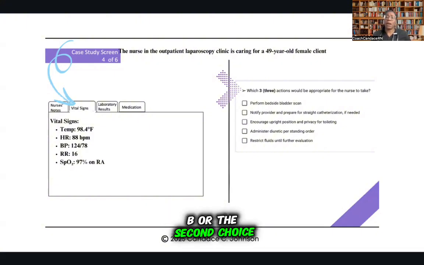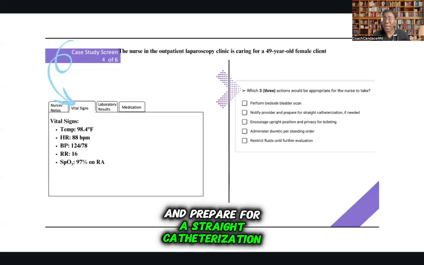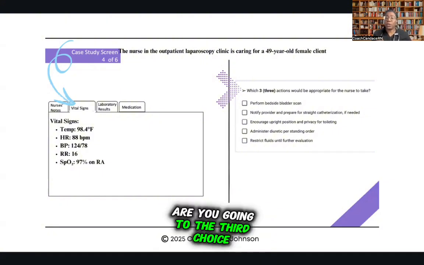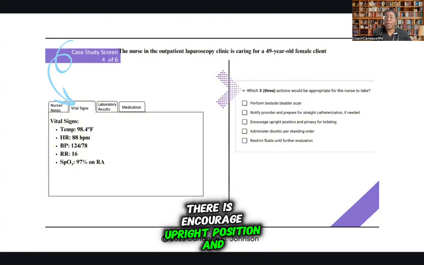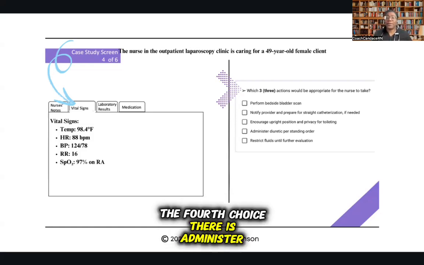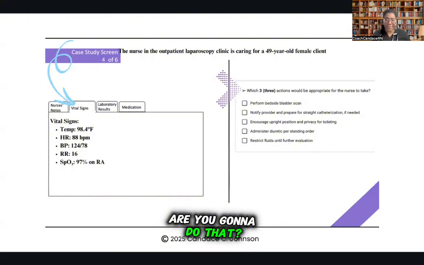All right. B, or the second choice, notify provider and prepare for a straight catheterization if needed. All right. The third choice there is encourage upright position and privacy for toileting. All right. The fourth choice there is administer diuretic per standing order. Are you going to do that?